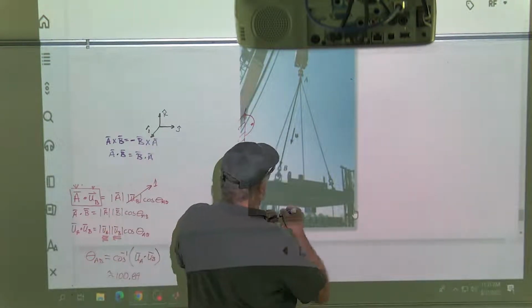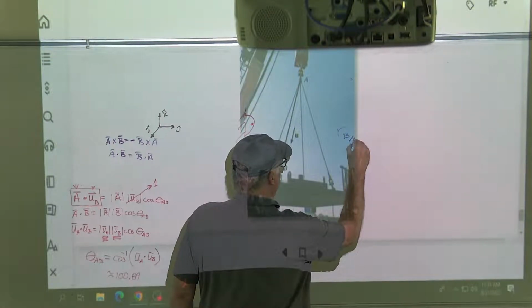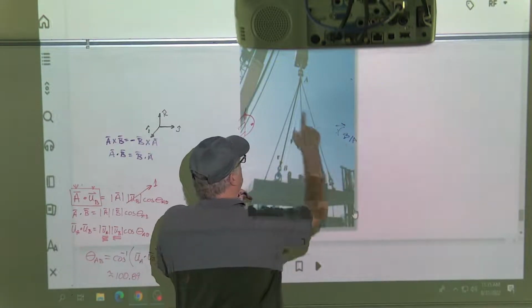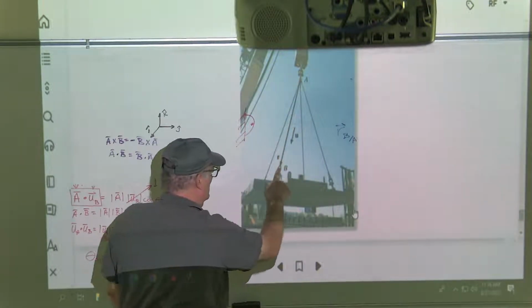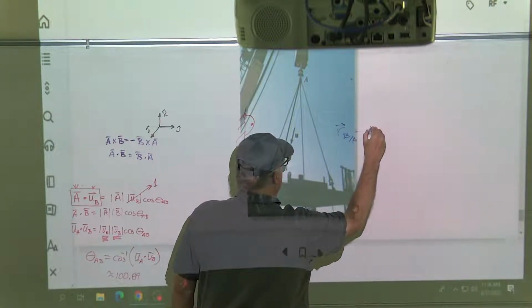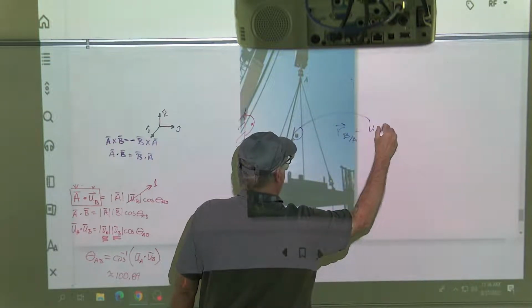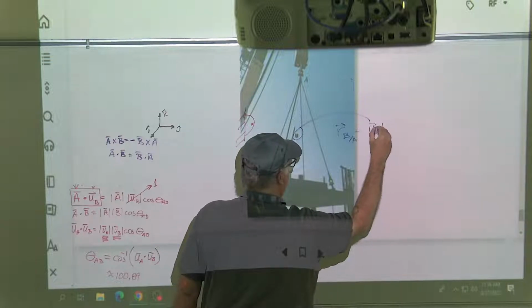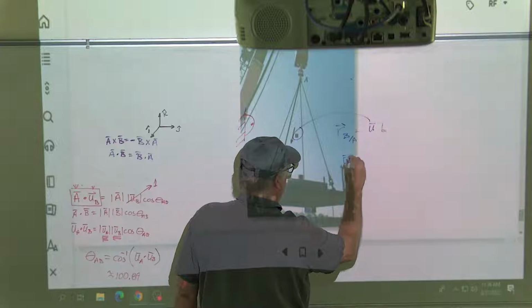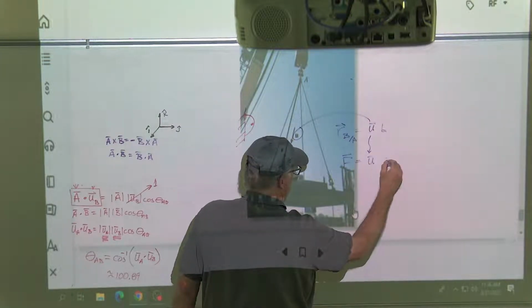and how do you do it? Use the R drawn to location B originating from A. So in a dynamic sense, the vector that's drawn from A to B is just going to be this unit times the length. If you want to know the force, it's basically this unit vector, and say it's 1,000 pounds.